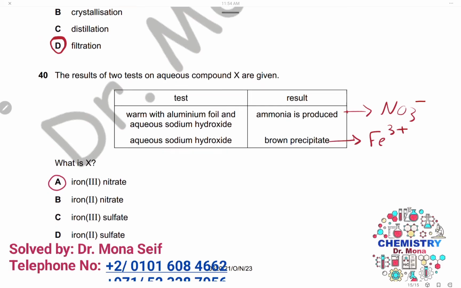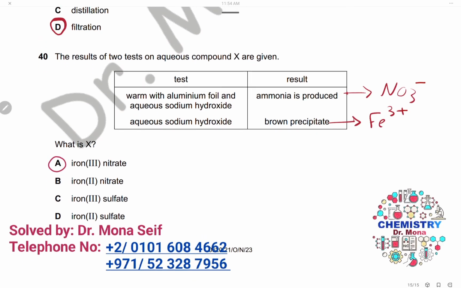Question 40. The results of 2 tests on the aqueous compound X are given. The first test: warm aluminium foil and aqueous sodium hydroxide, ammonia gas is produced. This test is a test for nitrate ions. So when ammonia gas is produced, it's a positive result and nitrate ions are present. The second one, adding aqueous sodium hydroxide, a brown precipitate is formed.